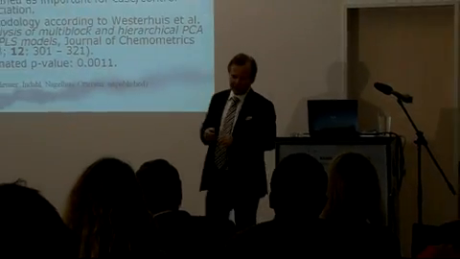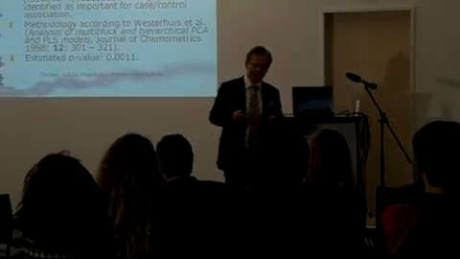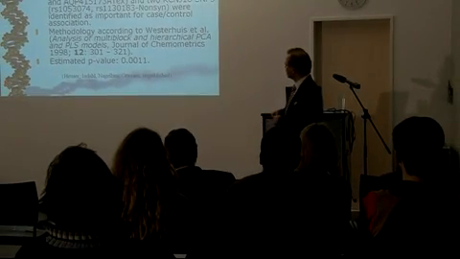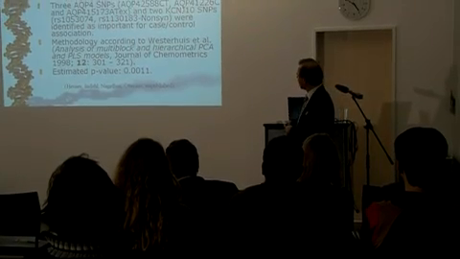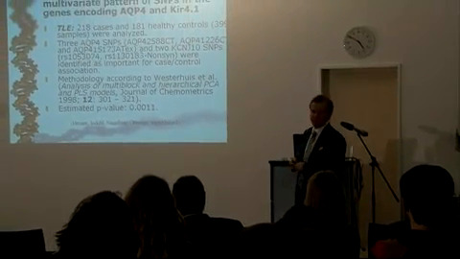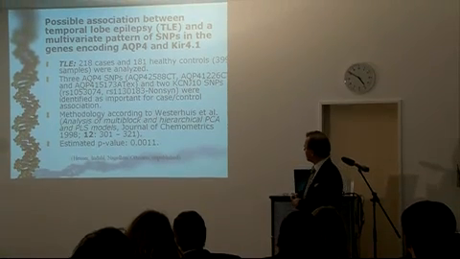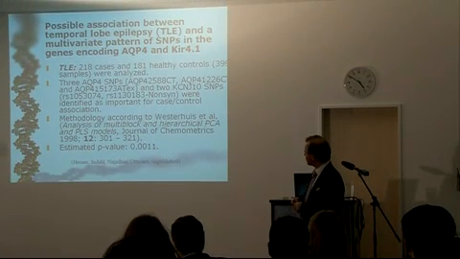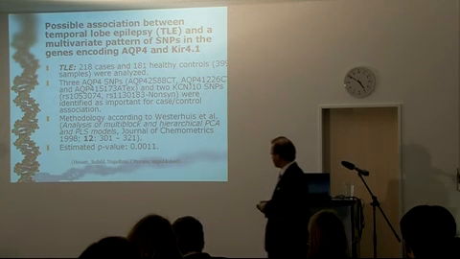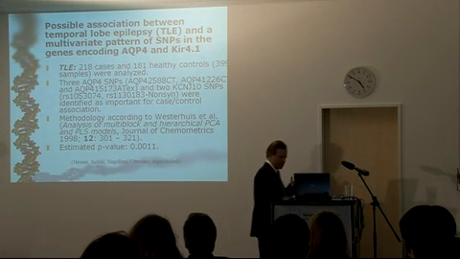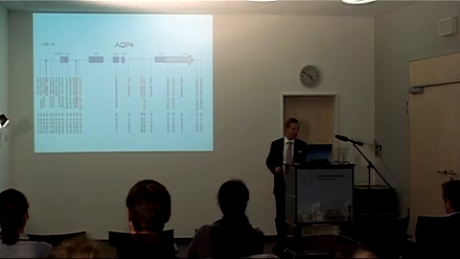So it is of interest then to look into the genetics here. So we have a rather large cohort of patients with temporal lobe epilepsy, and we have looked into SNP patterns in these patients. And in fact, there are some SNPs that are specifically coupled to temporal lobe epilepsy. And the significance is pretty high. These are data that haven't been published as yet.